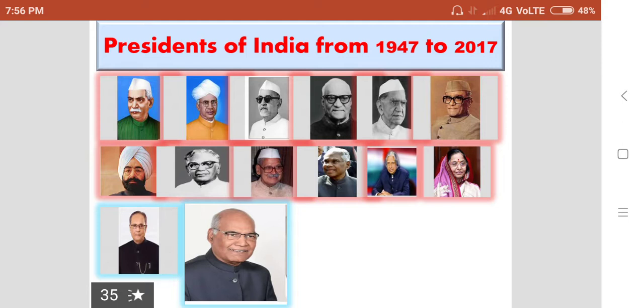After that, Pranab Mukherjee, who was the finance minister in Manmohan Singh's cabinet, contested the election and succeeded and became the president of India. And now we have Ramnath Kovind as the president of India.